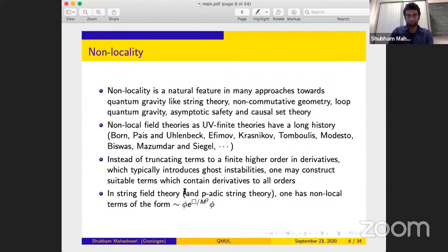For example, you have these kinds of operators in p-adic string theory, and it is possible to rewrite the equations of motion for these theories in a form which is integral. So you rewrite the differential equation of motion in an integral form, and it depends on space-time points throughout the space-time. So in that sense, it's non-local.